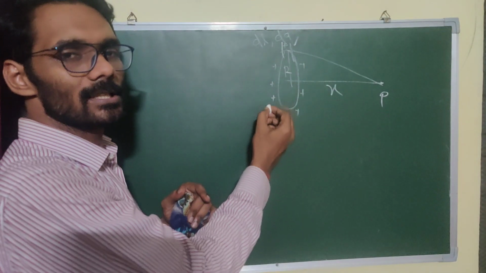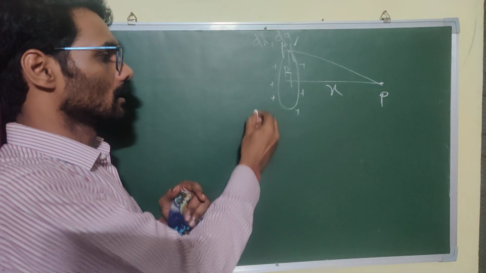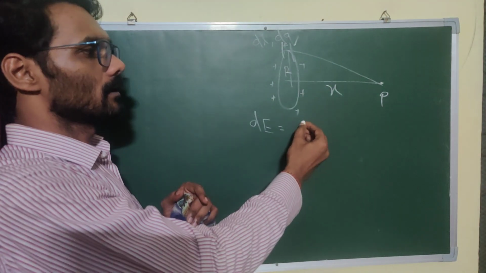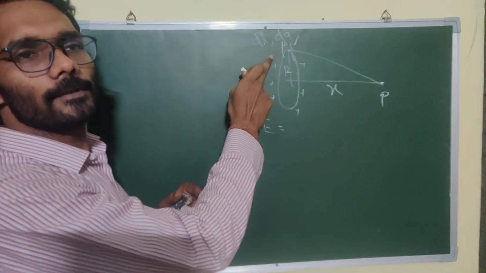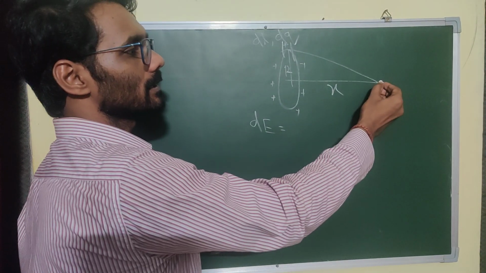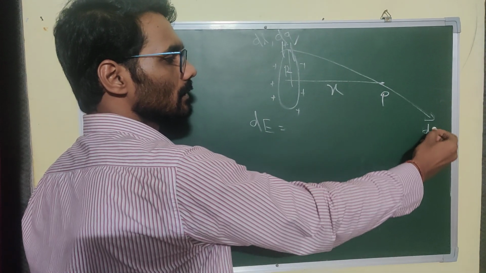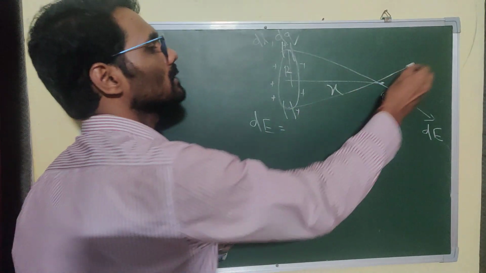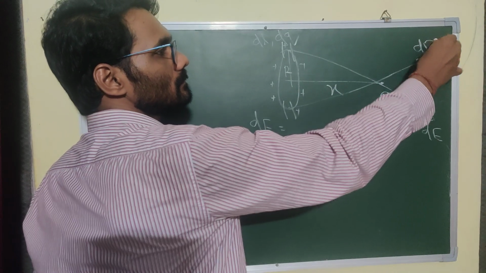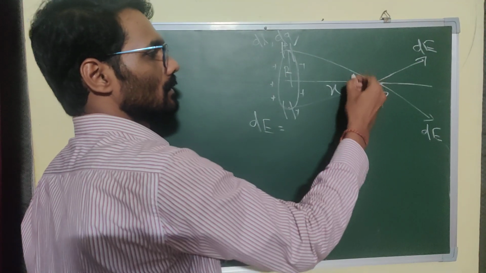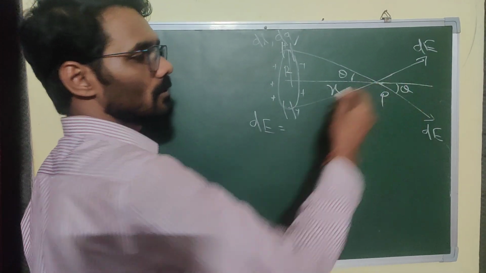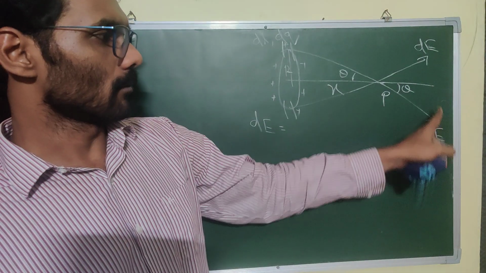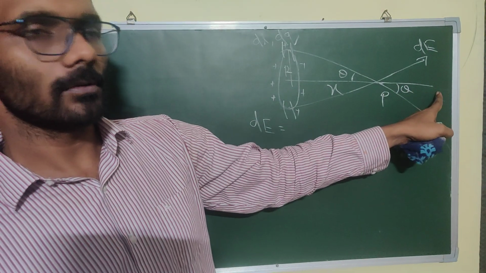So electric field for this, let's say dE is equal to... electric field at P point will be in this way, dE, and for this small length element electric field will be on this way. So along the x direction, a component of this electric field will come out.